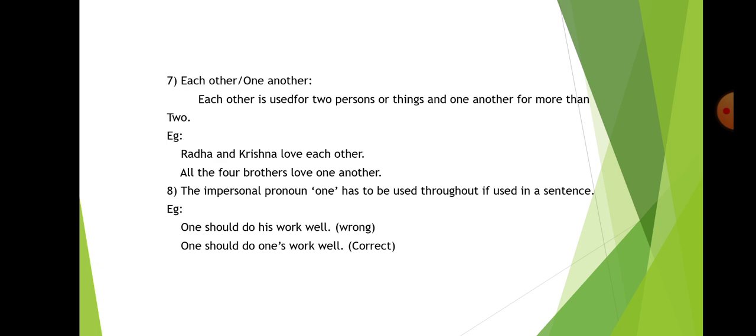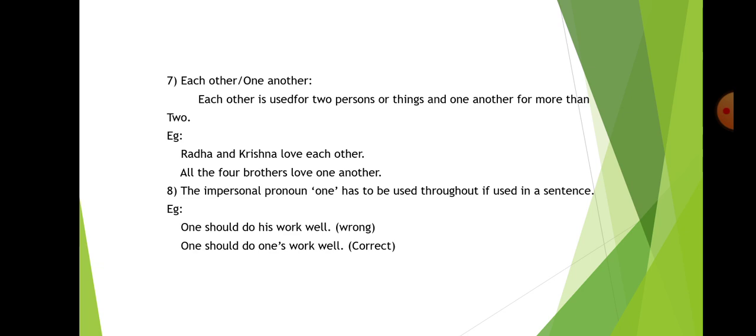Next, the impersonal pronoun one has to be used throughout if used in a sentence. For example, one should do his work well. It is a wrong sentence. So the right sentence is, one should do one's work well.